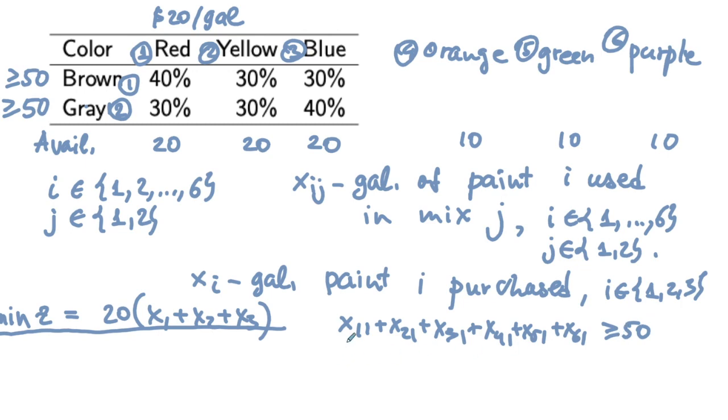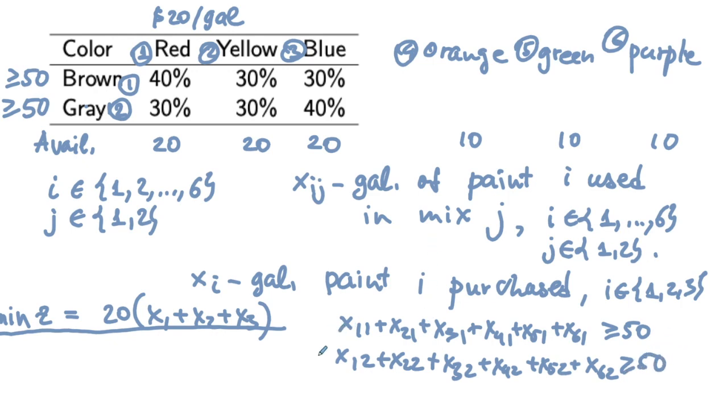Similarly for the gray mix, we will have the summation of x12, x22, x32, x42, x52, and x62, and this also has to be greater than or equal to 50.